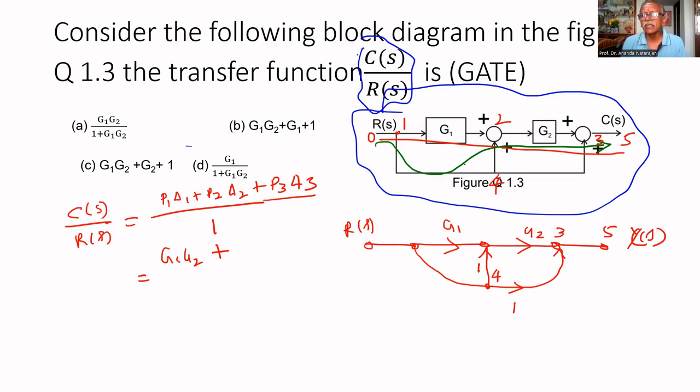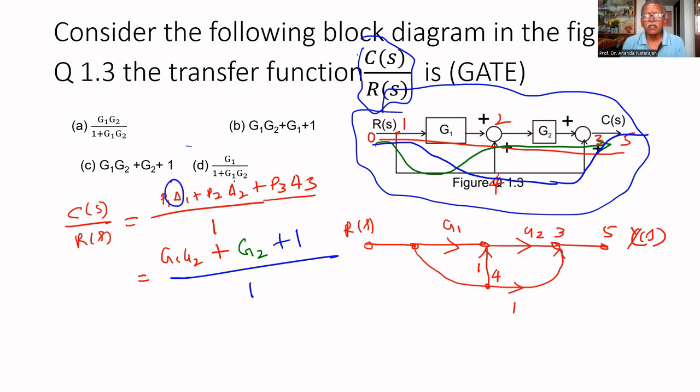That is here unity, here G2 alone is there. Therefore, G2. And the third forward path is this way. That is 1 plus 1 divided by 1.